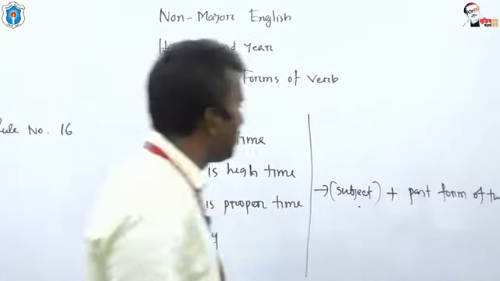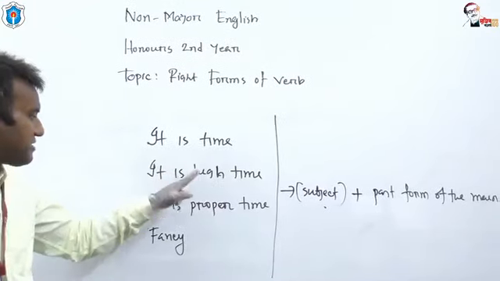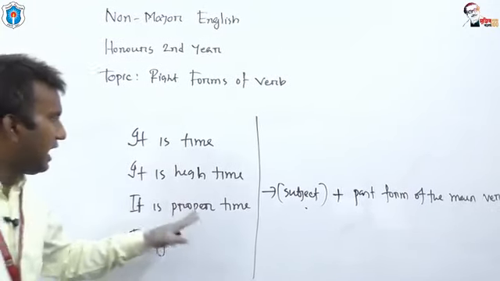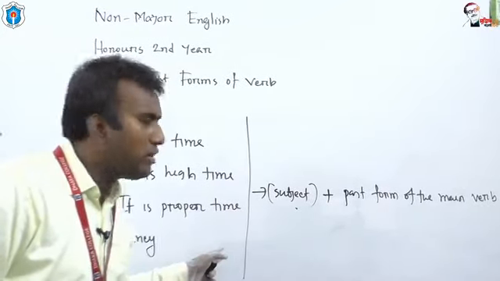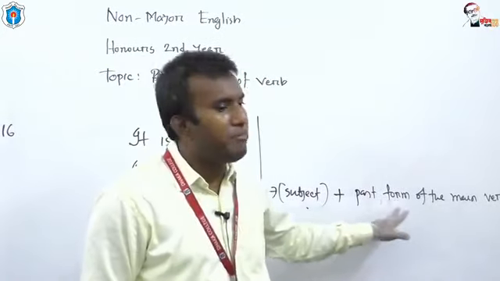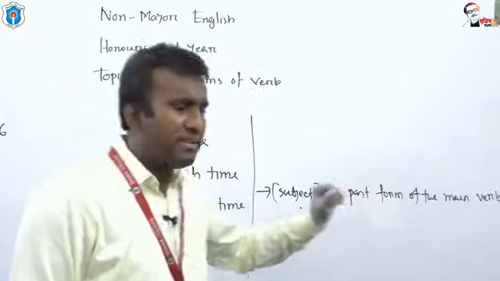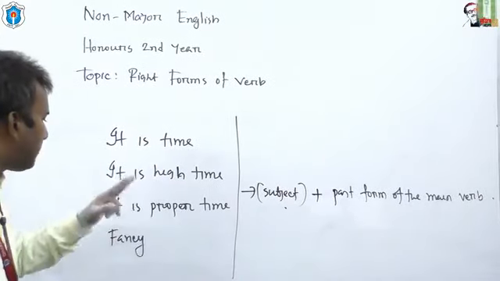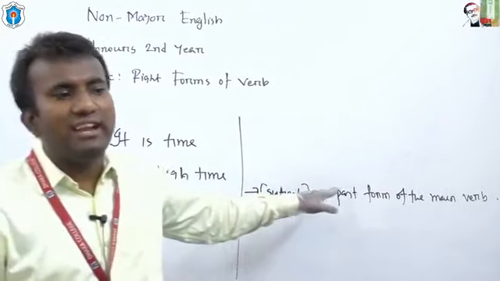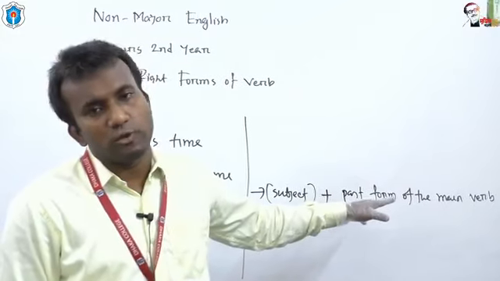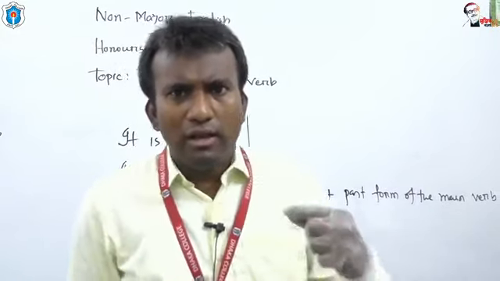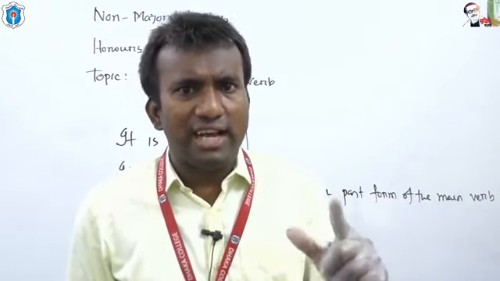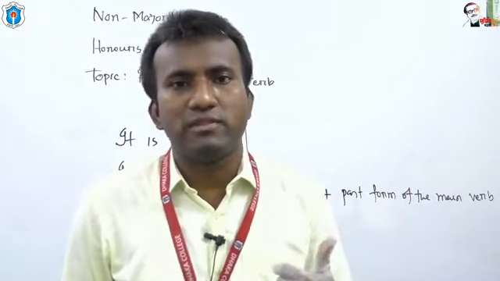Look at the board. If you get it is time, it is high time, it is proper time, fancy, and if you get any subject after these four, you must take past form of the main verb. That means after these, past indefinite tense is normally used. Past indefinite tense, okay?